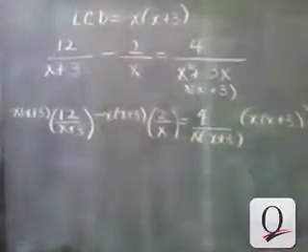So we've multiplied each term by x times x plus 3, the lowest common denominator. This will clear fractions for us.